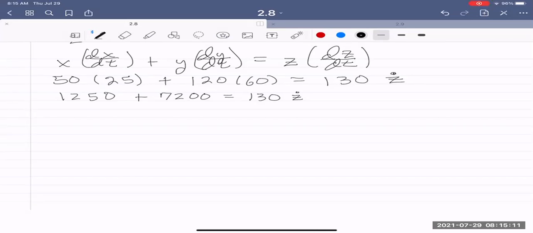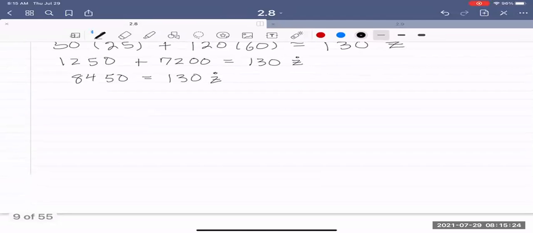And so that's 8450 is equal to 130 times dz/dt, which is 6. Yeah. And so dz/dt is 65 miles per hour.